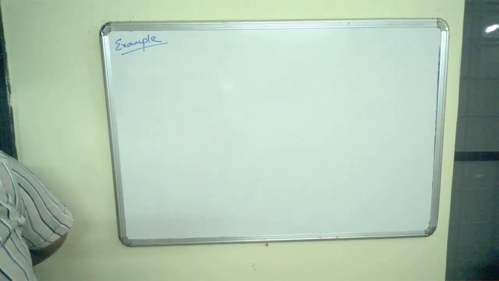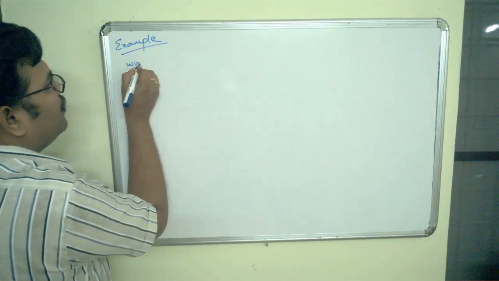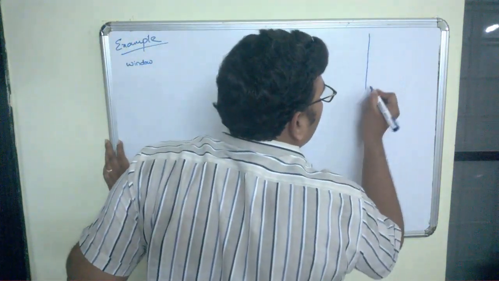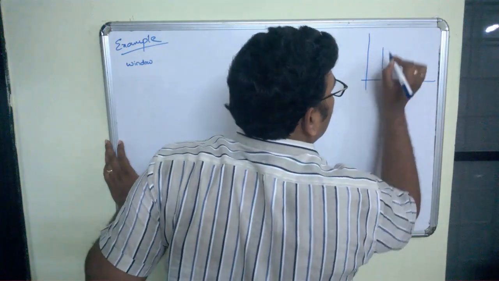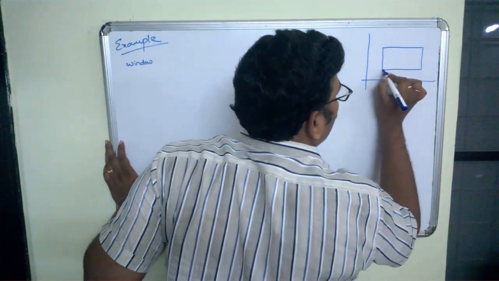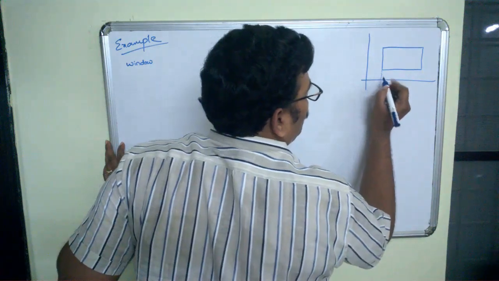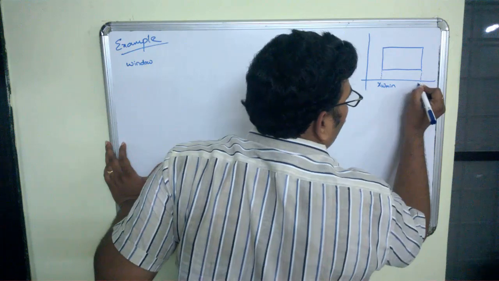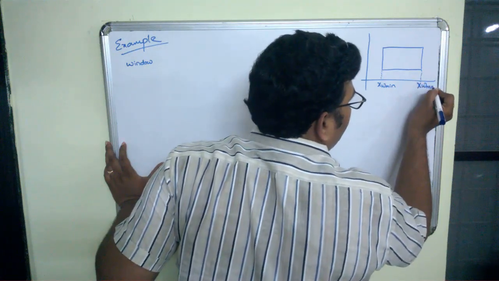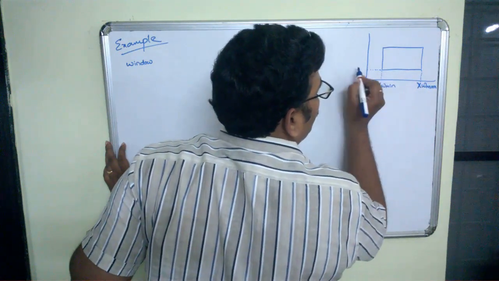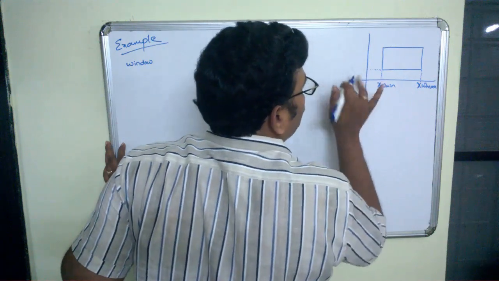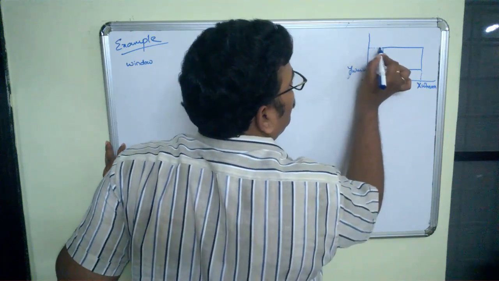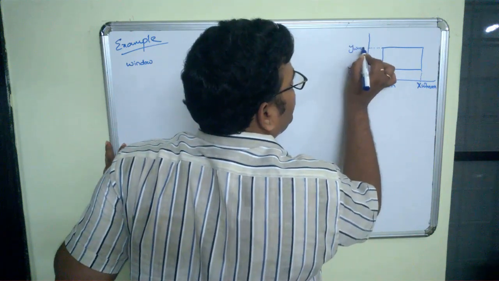So let us have a window with the boundaries. Here let us write XW minimum, XW maximum. This is the y coordinate: YW minimum, YW maximum.